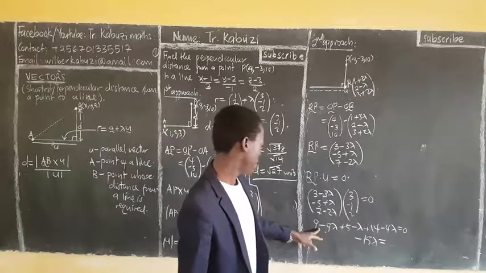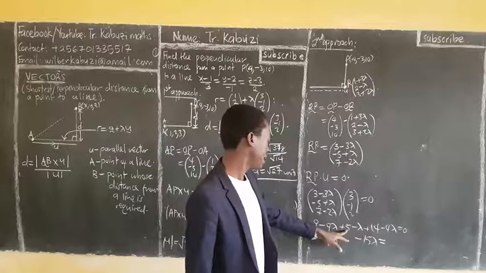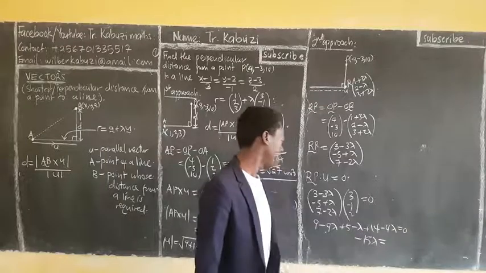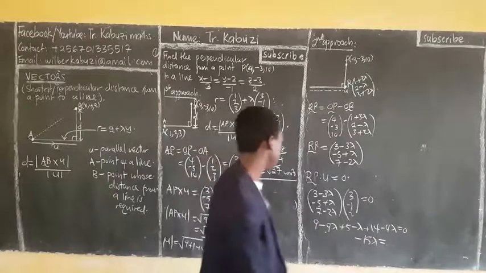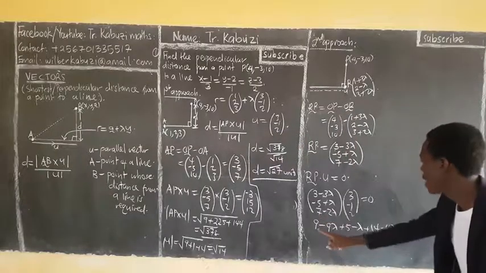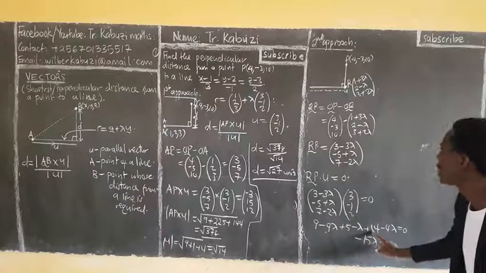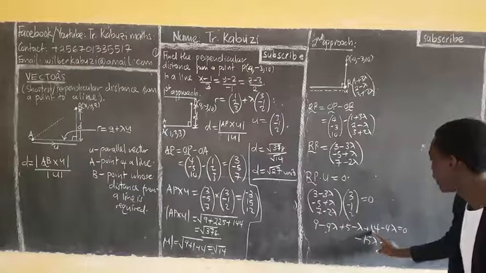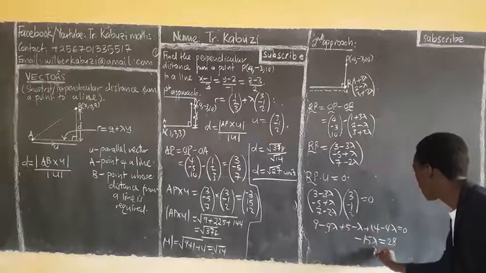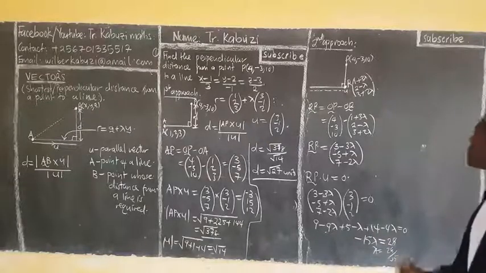Now this will be 9 plus 15, plus 5, that will be 14. Plus this, so from there you see that this is my 49 plus 5, then plus 14. You see that I'll be having 28. From here, my number becomes 28 over negative 15.